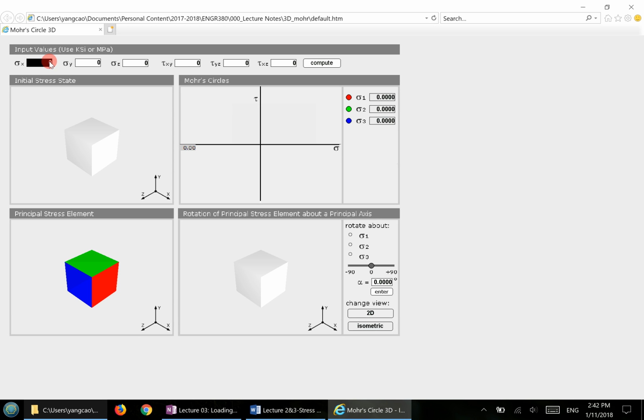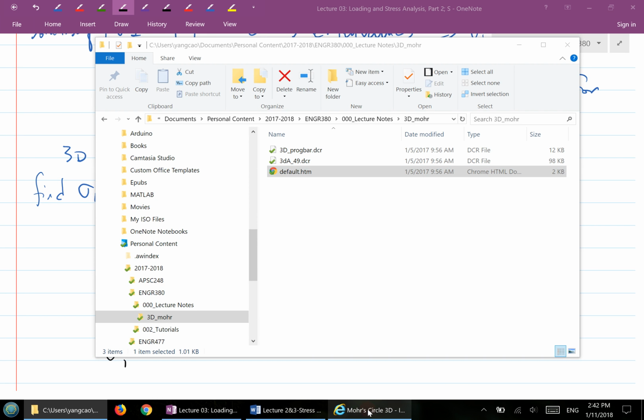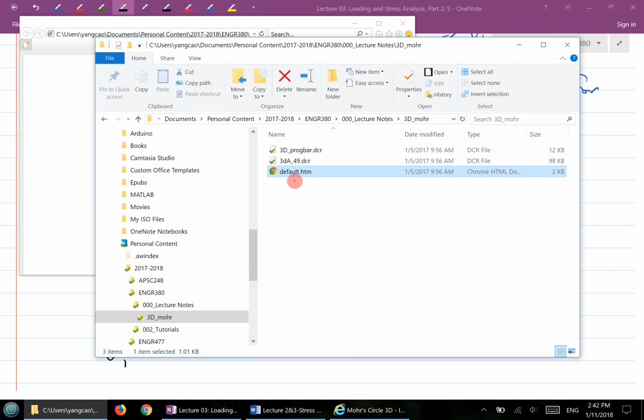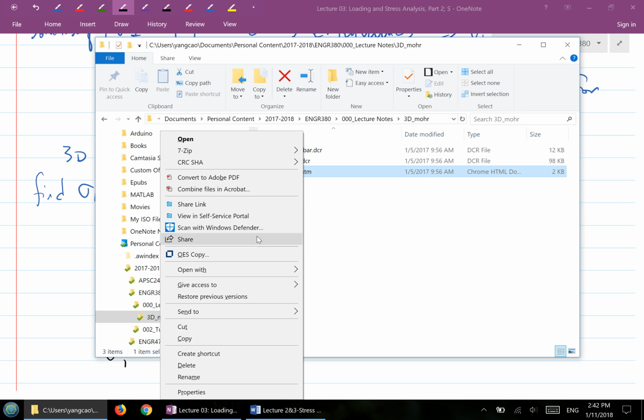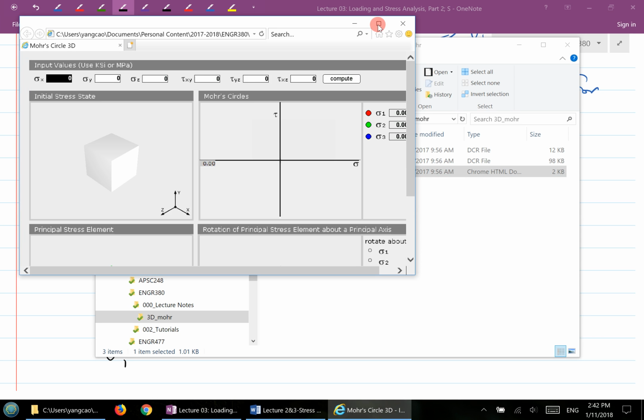For sigma x, let's say we enter 100. The computer is not responding here.